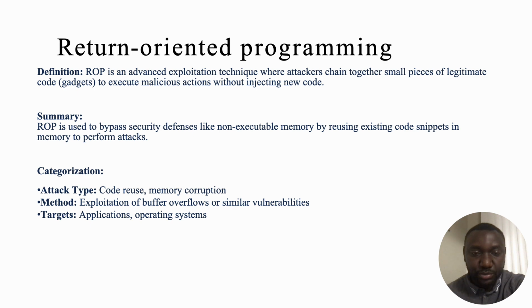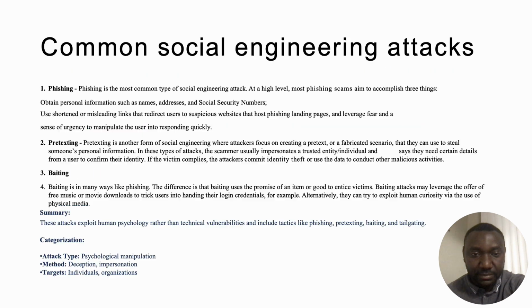So ROP is used to bypass security defenses like non-executable memory by reusing existing code snippets in memory to perform attacks. The ROP attack type is code reuse and memory corruption. It uses exploitation of buffer overflow or similar vulnerability, and then it targets application and operating system.